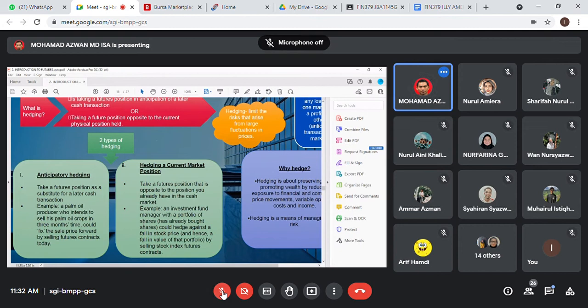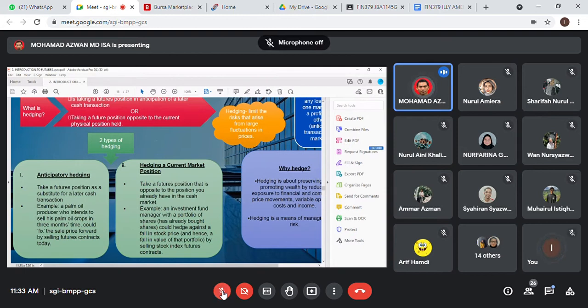Sama juga. Macam CPO, orang yang trade CPO, dia takut harga up and down. Kalau kemudian hari, kalau harga tu jatuh ke, naik ke, dia akan affect dia punya cost, affect punya revenue. Betul tak? So, dia protect lah. Dia guna hedging.